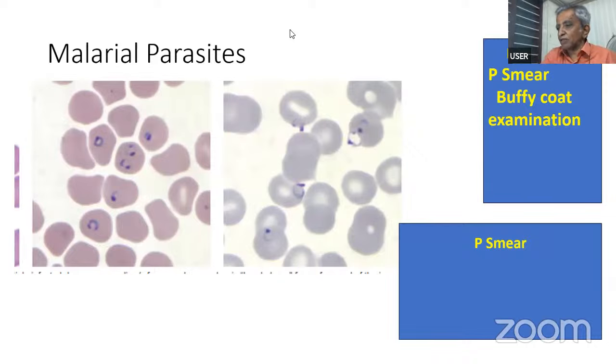Acridine orange, agreed. Now, Buffy coat examination is important. There is also the quantitative Buffy coat examination, where blood is filled in a micro centrifuge tube and centrifuged, and that tube is coated with acridine orange. The malarial parasite will take it up and emit fluorescence, and is examined under a fluorescent or ultraviolet microscope.